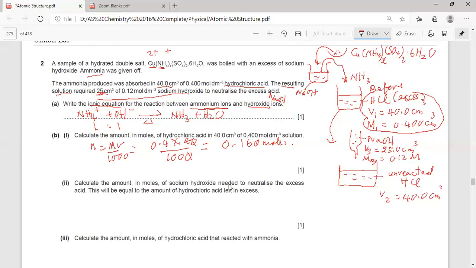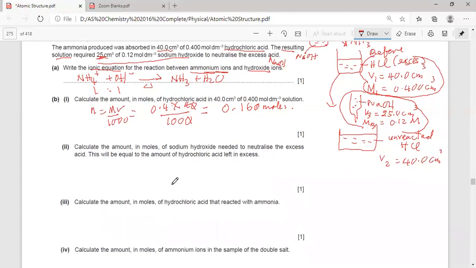Calculate the number of moles of NaOH required to neutralize the excess acid in here. So number of moles of NaOH, again MV over 1000. See, you always have to use this equation. The molarity is 0.12 times the volume 25 over 1000, changed to dm cube. So the answer here is 0.003 moles.